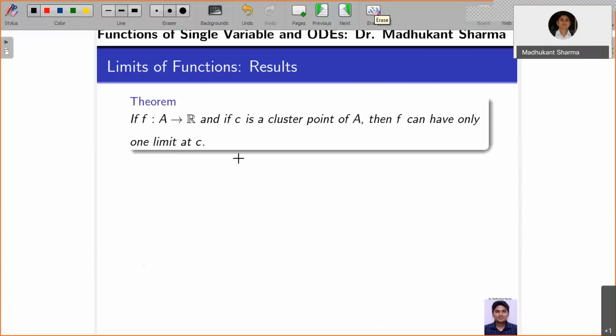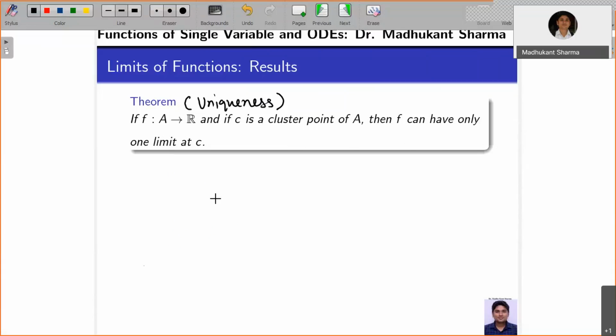Now this result tells you about the uniqueness of the limit, which is very much necessary. Like sequences, real sequences have a unique limit. Similarly, if the function has a limit, it is going to be unique.